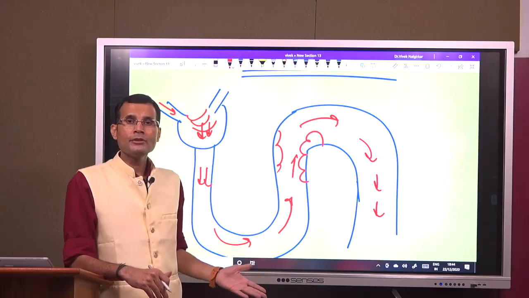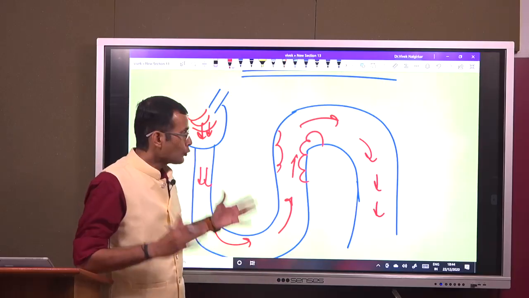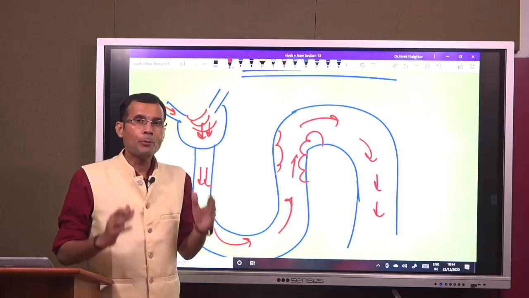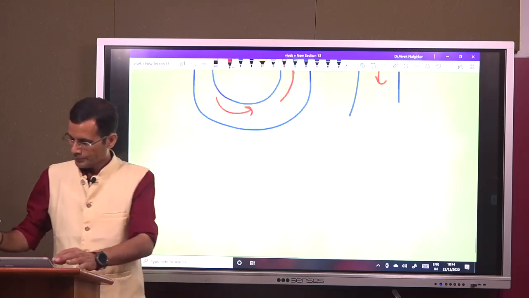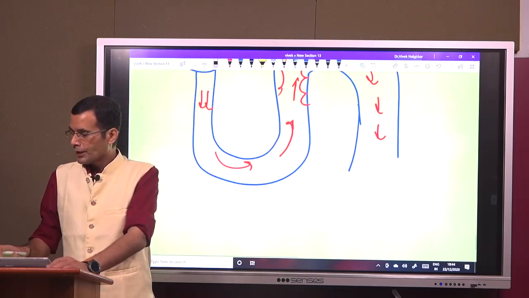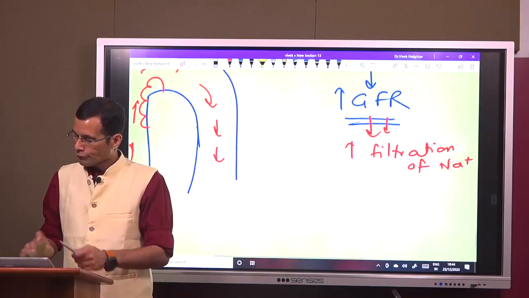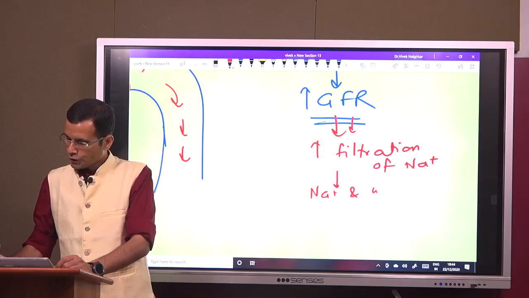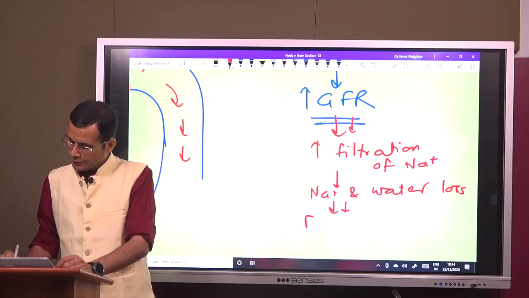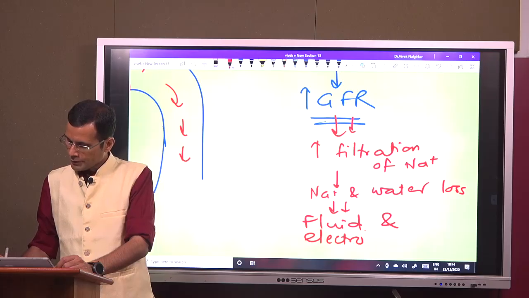Sodium will be lost means water also will be lost. So, we are looking at a possible fluid and electrolyte disturbance. Yes, there is a possibility of sodium loss, water loss, and resulting in fluid and electrolyte abnormality or disturbance.